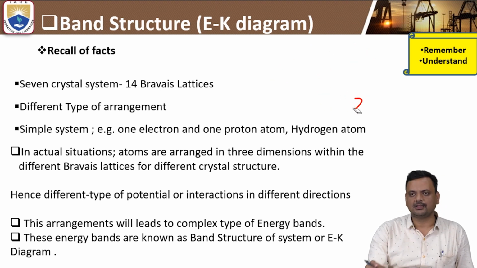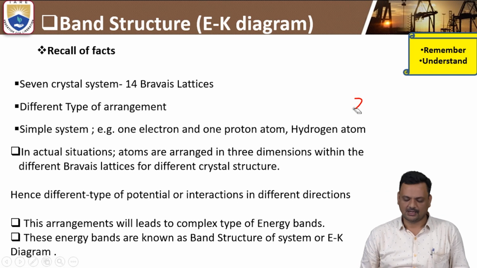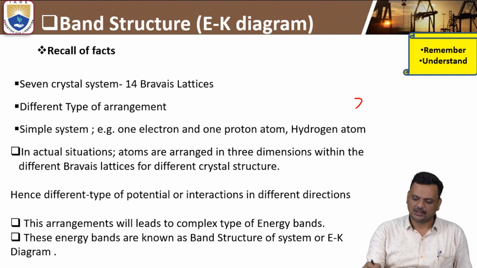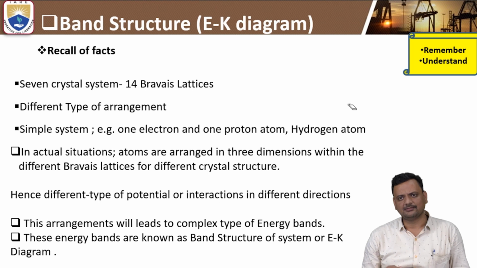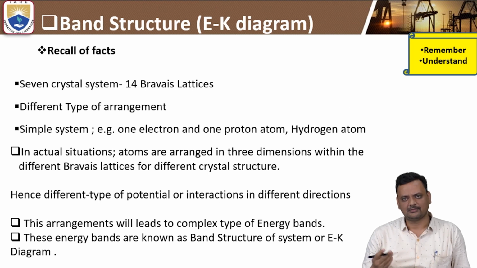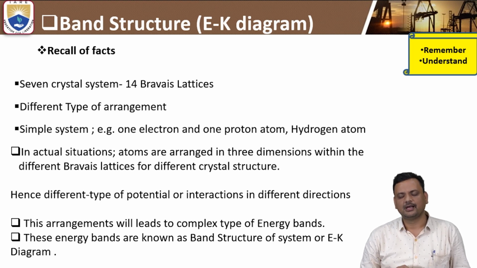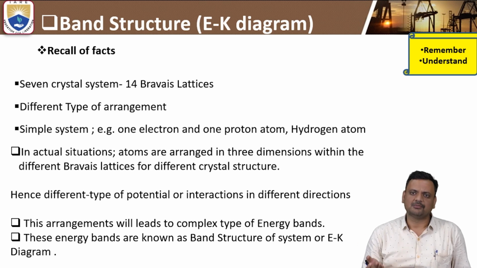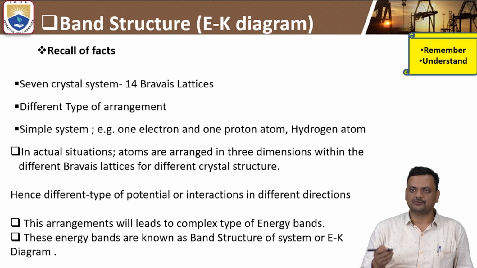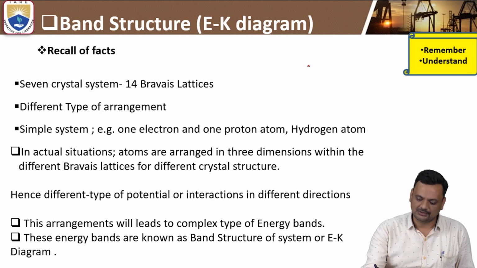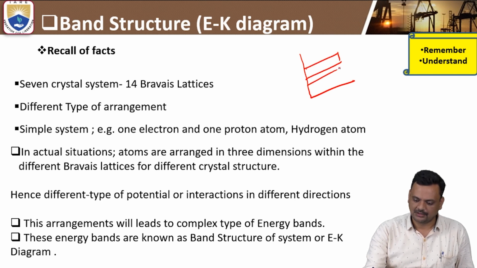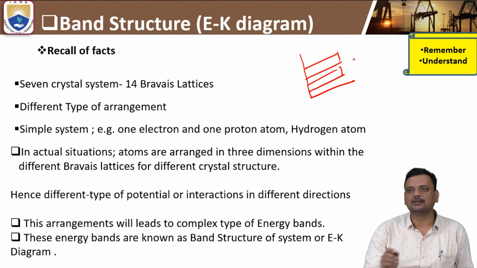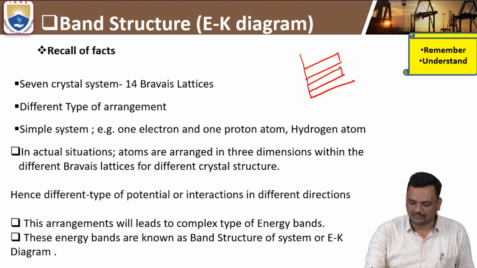All materials or any solids have several atoms, and those atoms also have many protons and many electrons surrounding them. So when we deal with the actual situation, we get a band-like condition, not a sharp energy level.